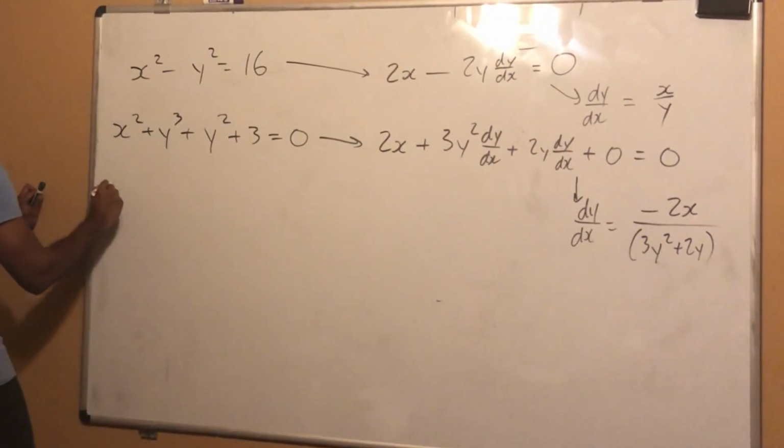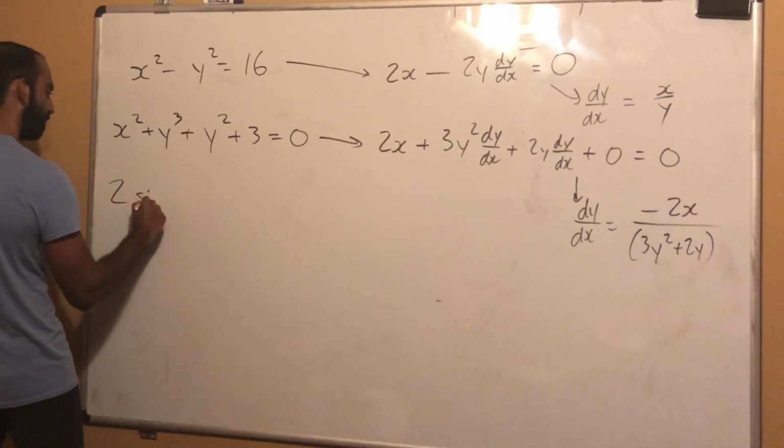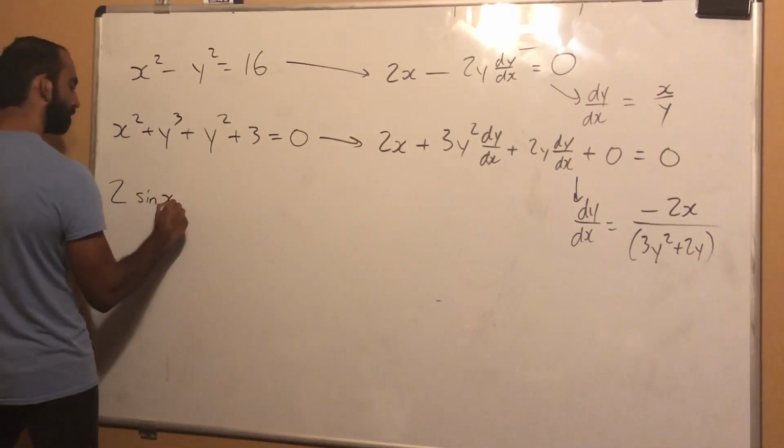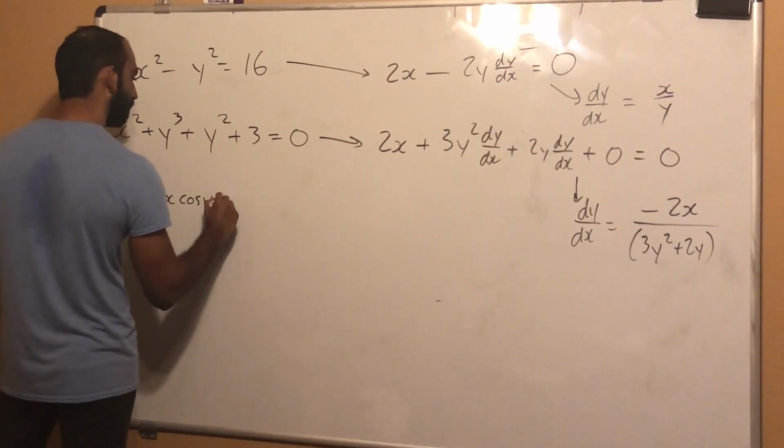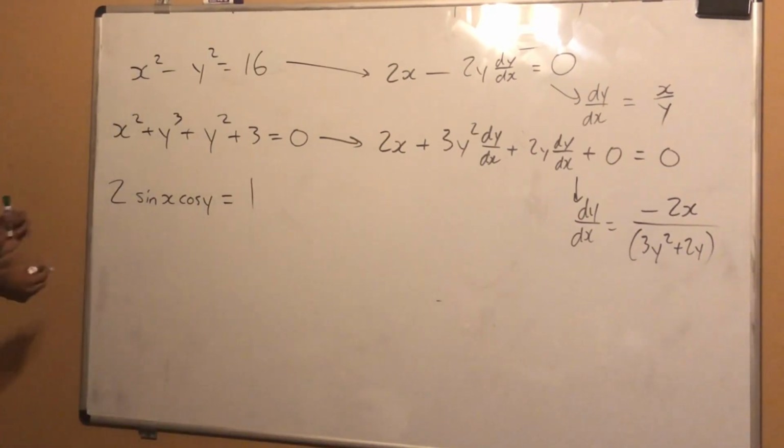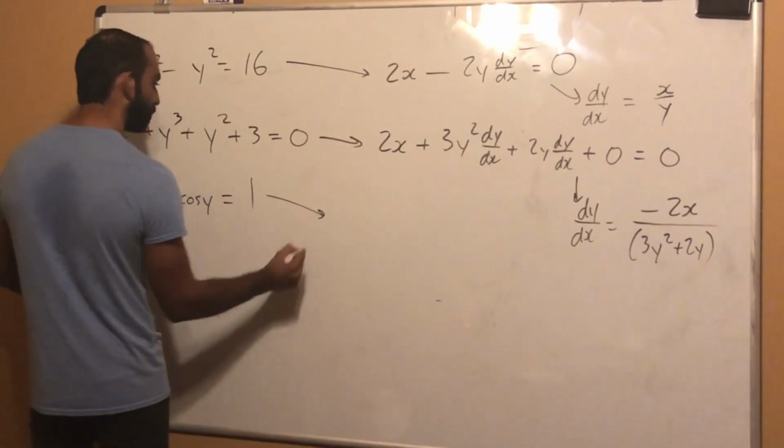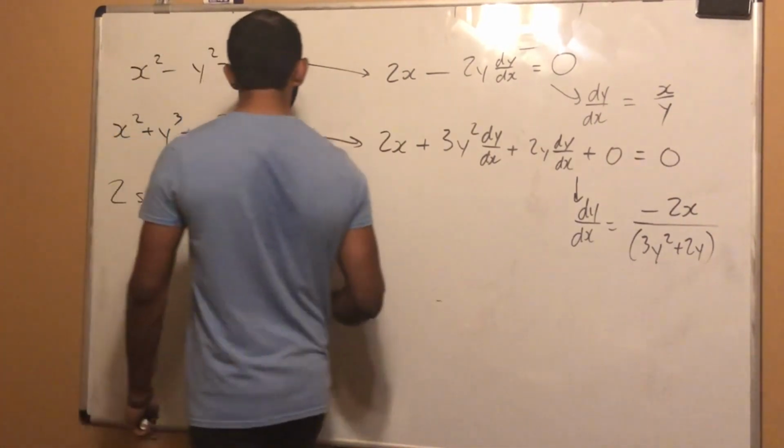Alright, now how about this one? Again, let's try to do this without operator notation. 2 sine of x times cosine of y equals 1. If I take the derivative of both sides, what do I get? Well, we have to use the product rule.